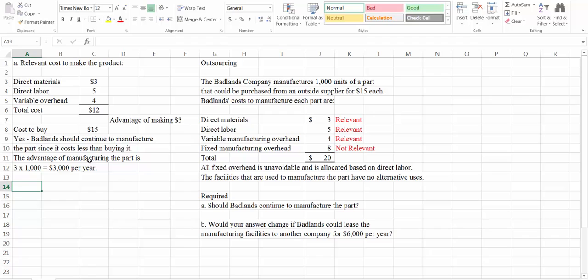Okay, so now in part B, we want to look at the savings that we're having, so that $3,000, and then we're going to take into account what happens if we can lease this facility to the other company. All right. Okay, so first look at the relevant costs to make the product.